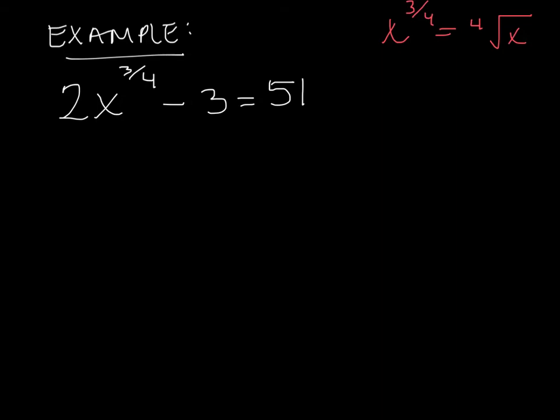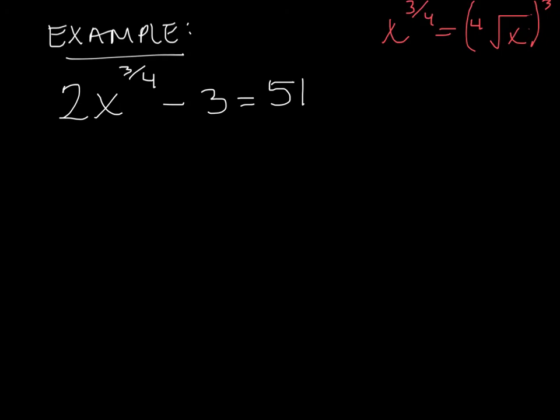That cube could be inside, or it could be outside; it wouldn't matter which order I did them. I'm not going to rewrite this equation in terms of radicals because the fractional exponent is actually easier to work with. But keep in mind, if I'm taking the fourth root of x and cubing it, I've got to do the opposite things when I'm trying to solve.